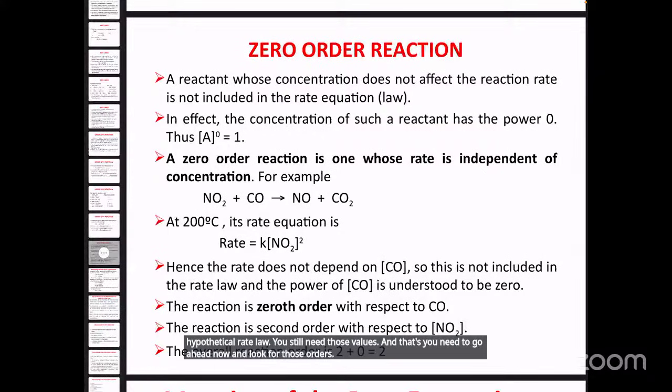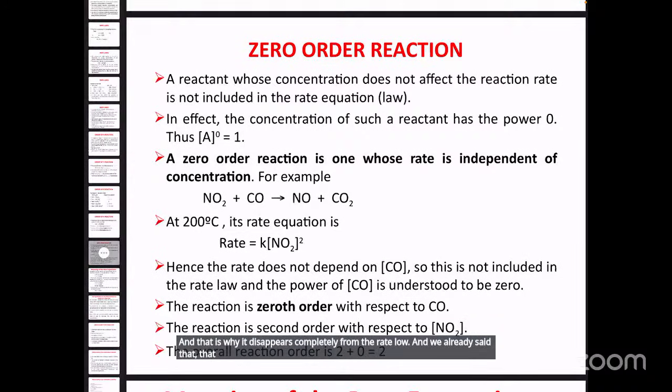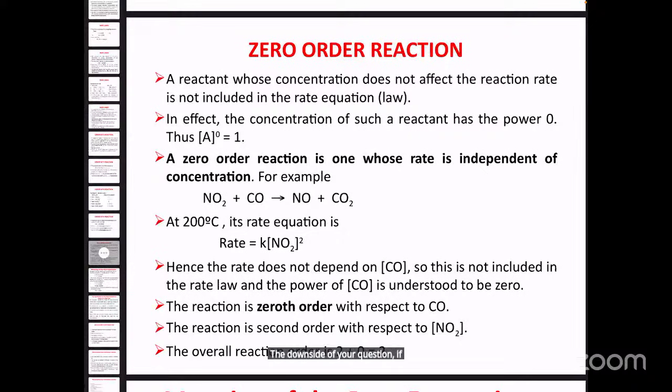In this case, the order with respect to CO is zero order, and that is why it disappears completely from the rate law. And we already said that the rate law tells you those molecules that are present in the rate determining step. If they are not present in the rate determining step, they don't determine the rate, so they won't appear in the rate law. Did I answer your question? If I didn't, let me know.